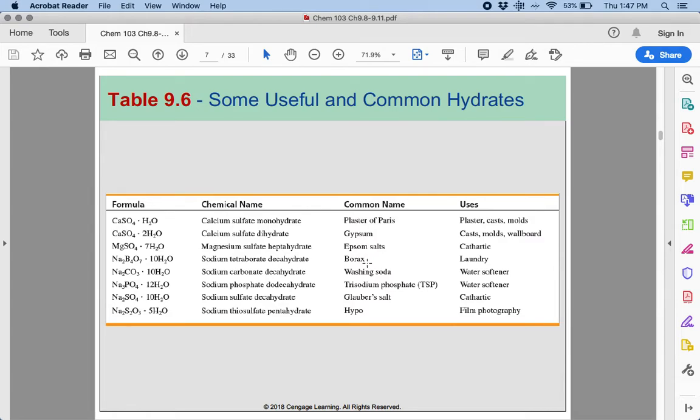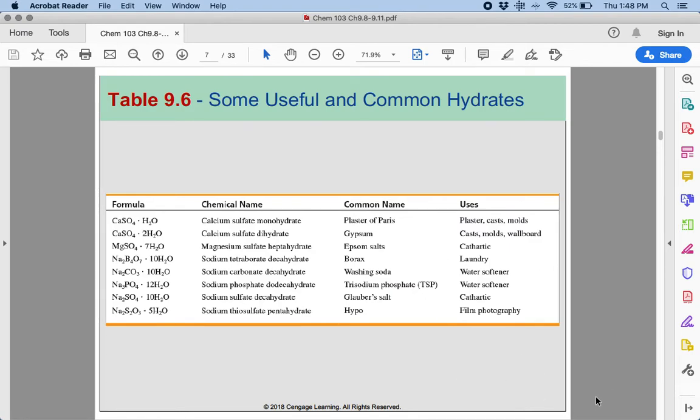I don't know if people still use this for their laundry, but it's like a powdered laundry soap, not like a Tide Pod. It's sodium tetraborate decahydrate, which means there are 10 waters associated with the crystal structure of this sodium tetraborate.